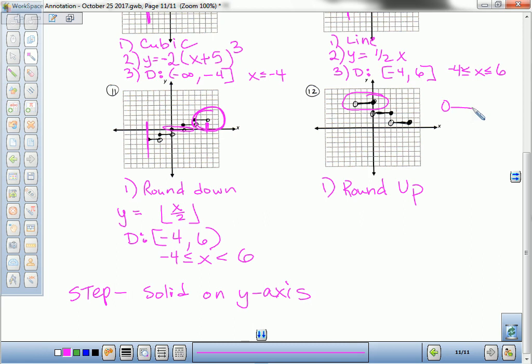I know it's up because the greater barbell is shaded in. This is down because the smaller barbell is shaded in. Okay, so this is up. So I need an up. All right, these are 1, 2, 3 long. So it's x divided by 3.